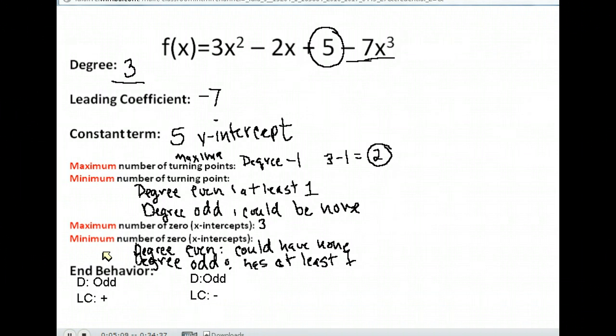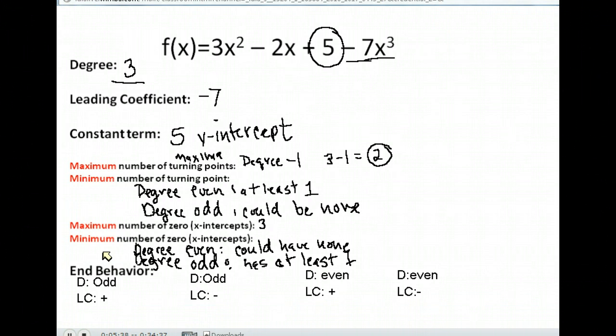We could have an even degree with a positive leading coefficient, and we could have an even degree with a negative leading coefficient. This is our end behavior. This tells us what happens at the ends of the graph as it goes off into infinity. Where is it going as it goes off into infinity?